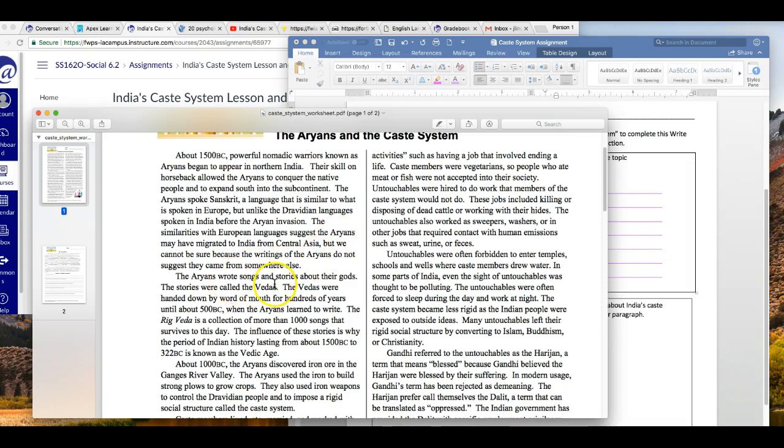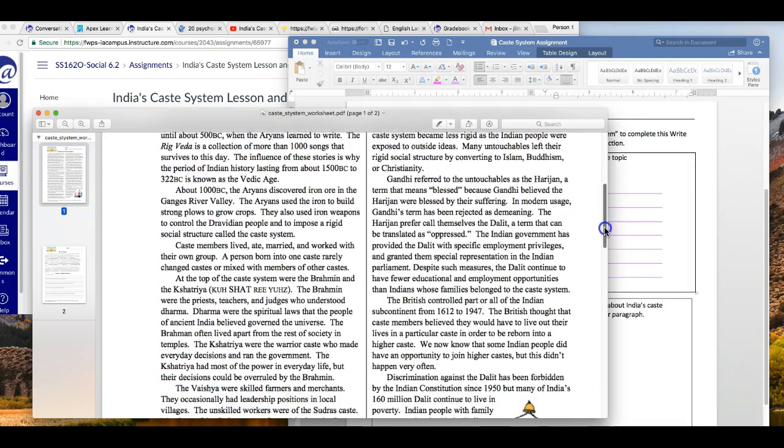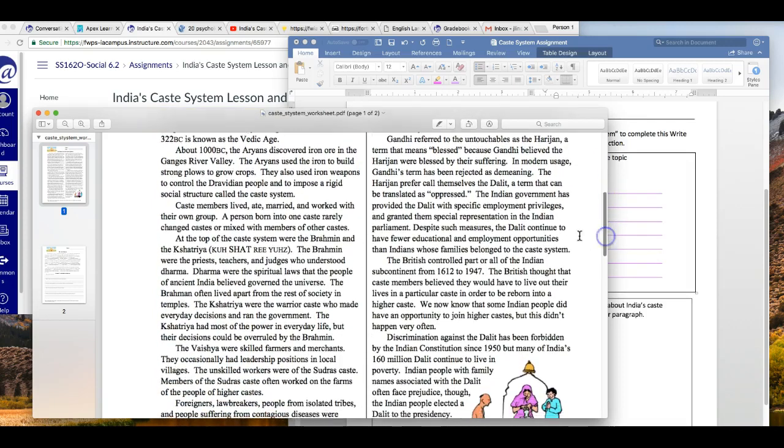The Vedas, you've heard of these before, were stories that were handed down, and that's partly where the caste system comes from.